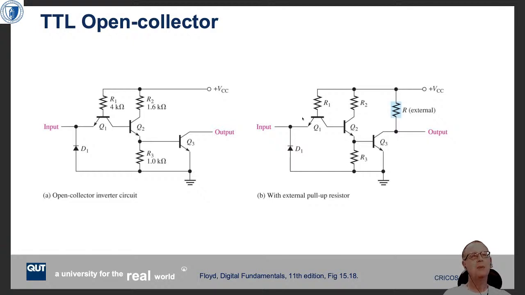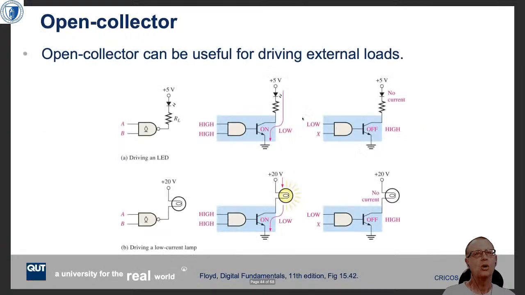Because these devices are put onto silicon, having a resistor that can dissipate a lot of heat is not really feasible because it takes up too much space on the silicon. So having an external resistor means you can use just a standard resistor, and that resistor can dissipate more heat when it's supplying more current.